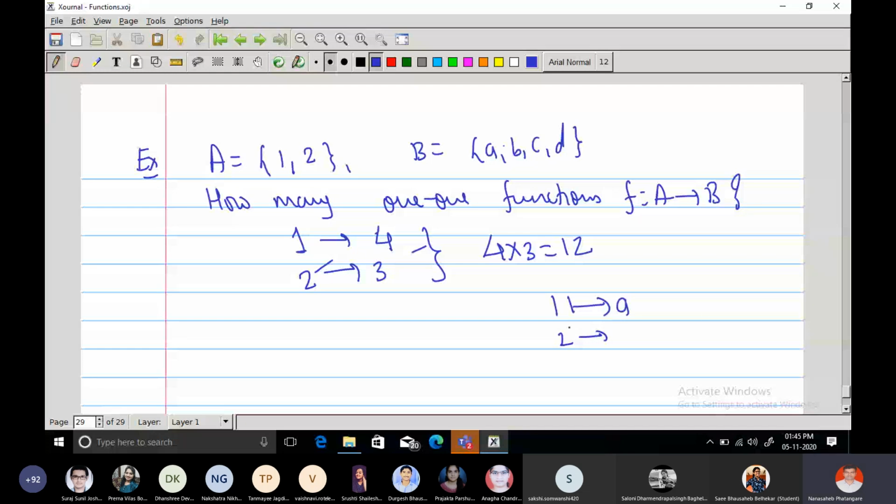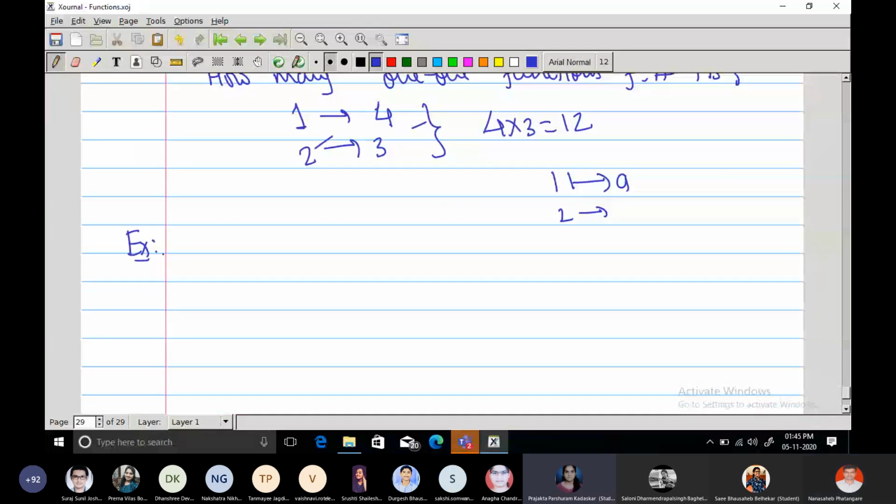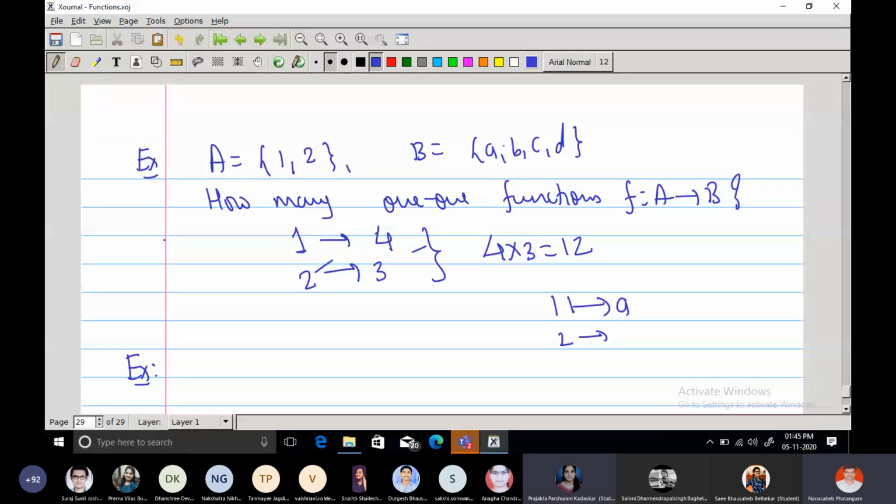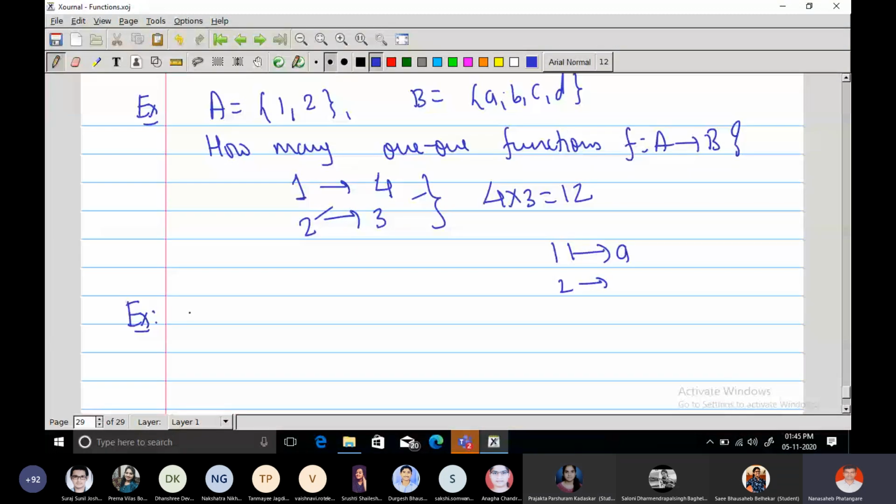Okay, so how do we calculate for 3 elements? This method applies when A has 3 elements and B also has 3 elements. Let us take A is equal to {1, 2, 3} and B is equal to {A, B, C}. Then how many possibilities for 1? 3.